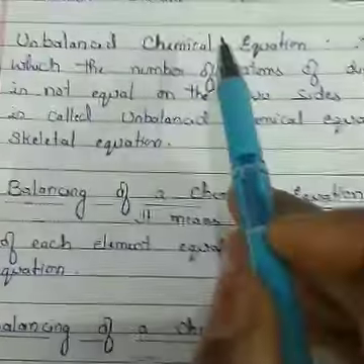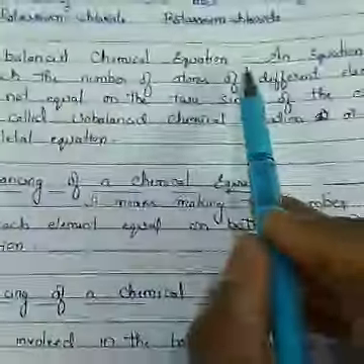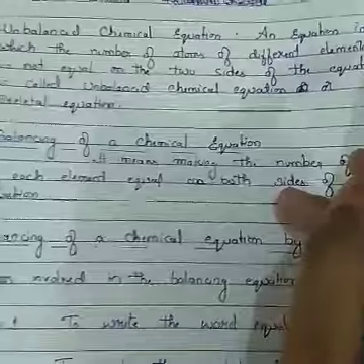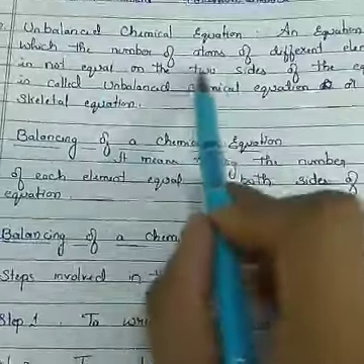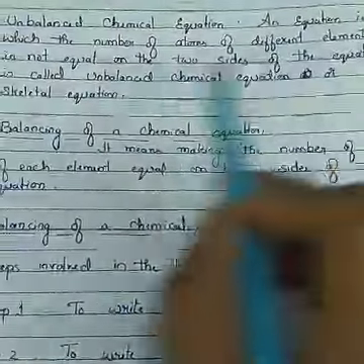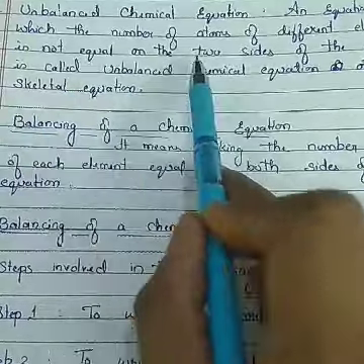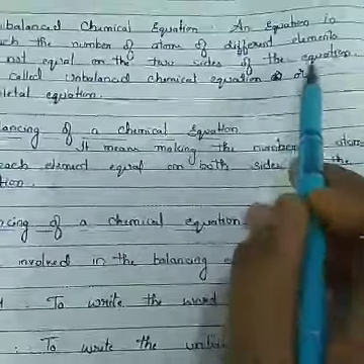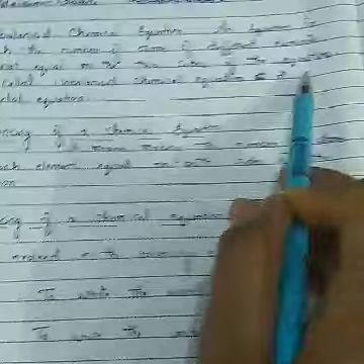Now, what is an unbalanced chemical equation? An unbalanced chemical equation is an equation in which the number of atoms of different elements is not equal on the two sides of the reaction.